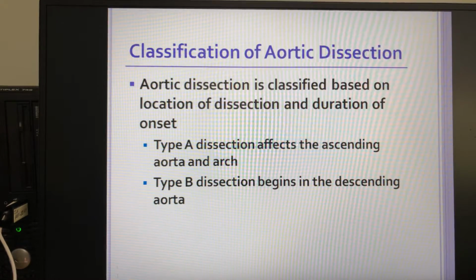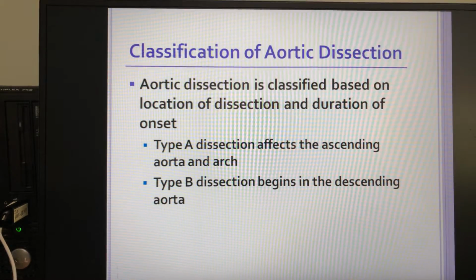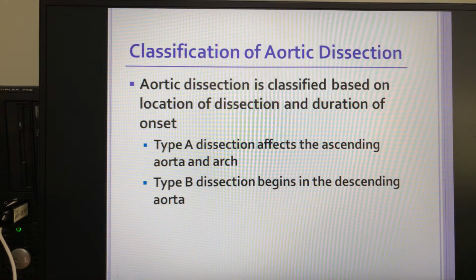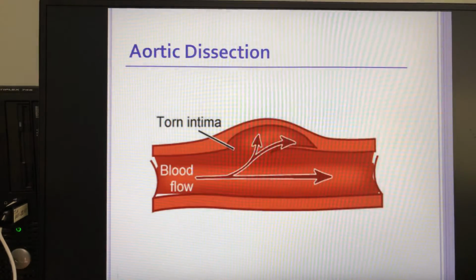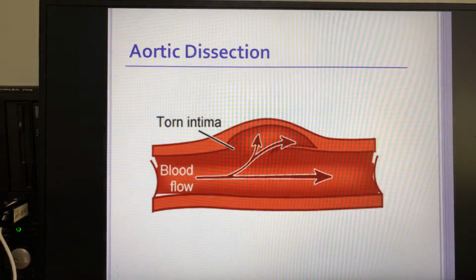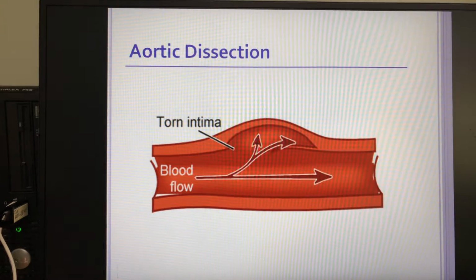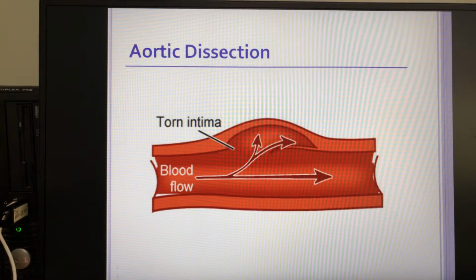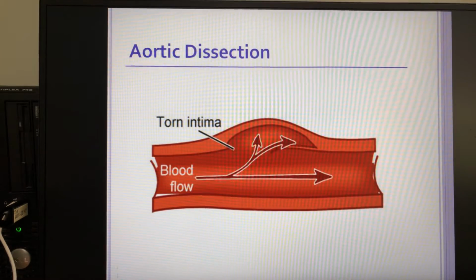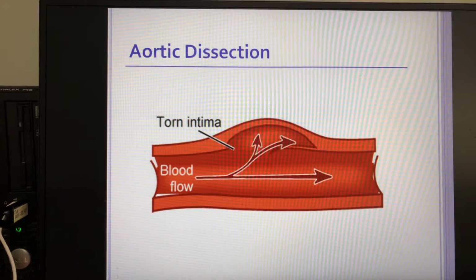Again, type A dissection affects the ascending aorta and arch, and type B dissection begins in the descending aorta. And this is what a torn intima looks like, because again, we were just saying that this occurs with the intima, which is the inner layer, and between the middle layer is where this tear usually starts.